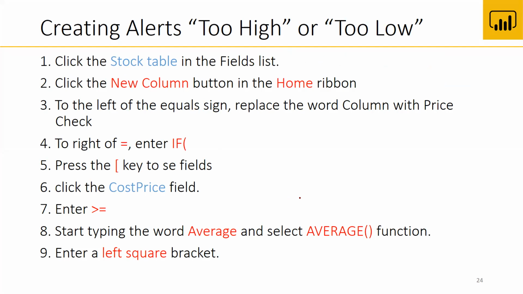What if function is to be implemented? That if function is: if the cost price is greater than or equal to the average price of the cost price times 2, then the price is too high, otherwise the price is okay. This is the okay and the high price alert.